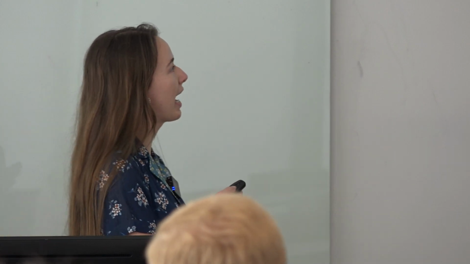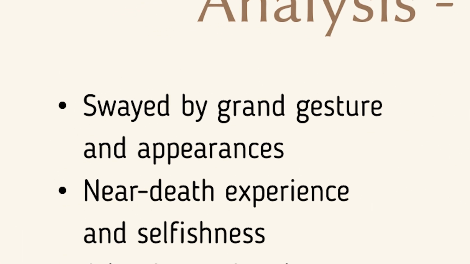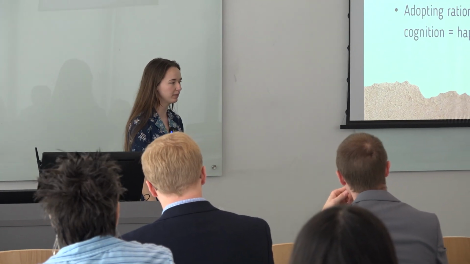So then to look at her sister Marianne, who is typically marked by a sensible cognition, as she approaches romance, she is swayed by grand gestures and appearances. So like I mentioned, her love interest is Colonel Brandon.